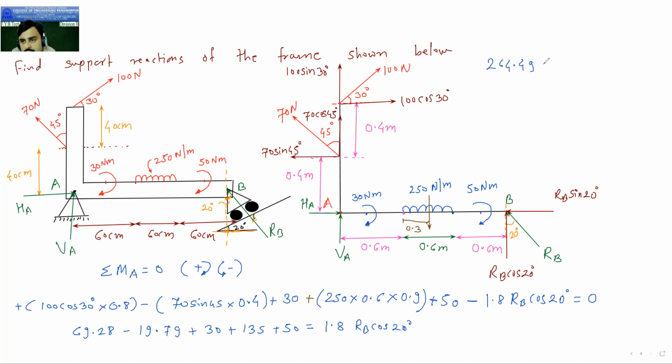Yes, sir, it's correct. So this is equal to 1.8 RB cos 20. Keep this RB over here, so divide it by 1.8 first. So 264.49 divided by 1.8, what is the answer?